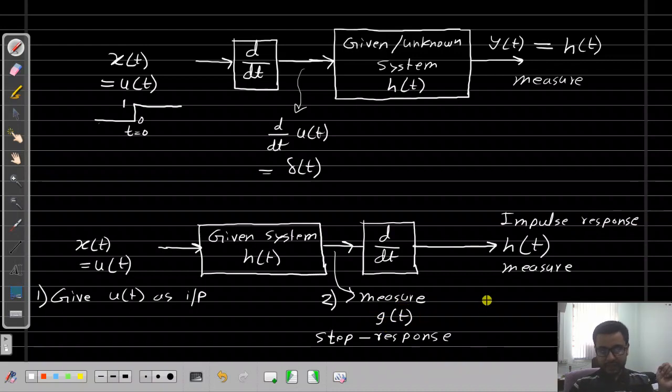And then step 3, calculate d/dt of g(t) on pen and paper. That will give you the impulse response. This way in the laboratory you can calculate the impulse response without requiring an impulse function as the input. Derivative of step response is the impulse response.